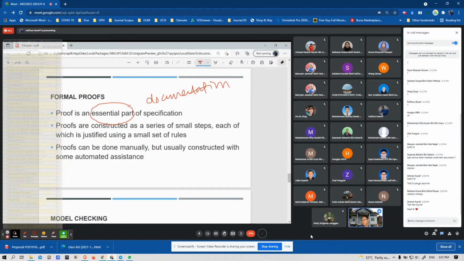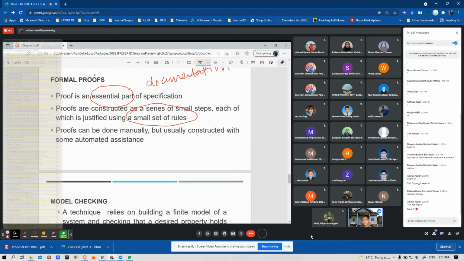This one we are learning next week. Proofs can be done manually, but usually constructed with some automated assistant. We discuss this one later because automated assistants are basically formed based on logic.